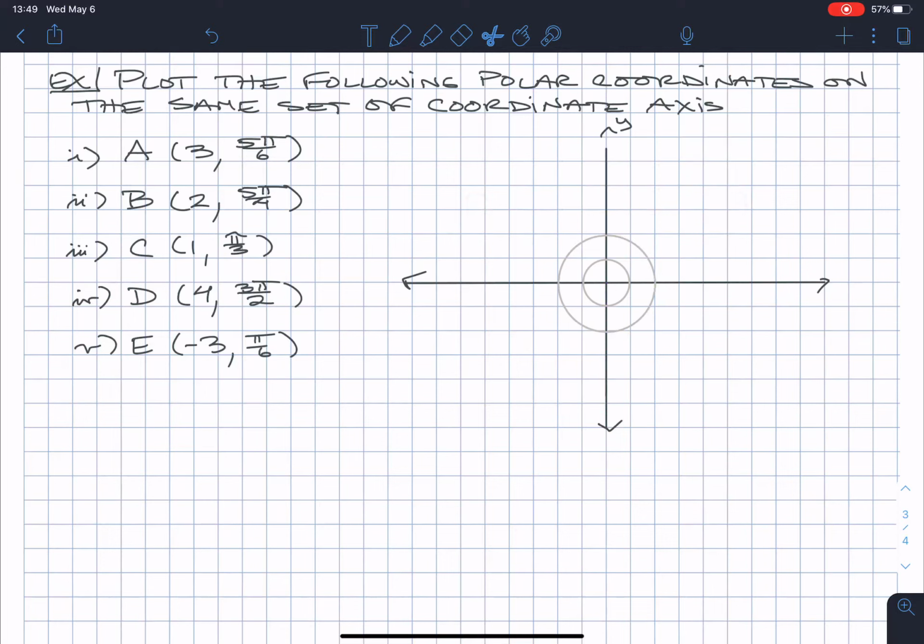The polar grid is a bunch of concentric circles. Okay, so I'm making circles at each radius. And my largest radius is actually 4, so maybe once I get to 4 I can stop.